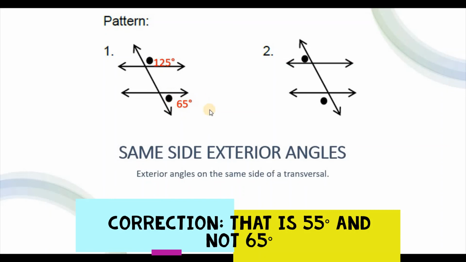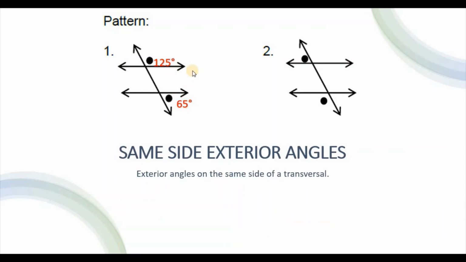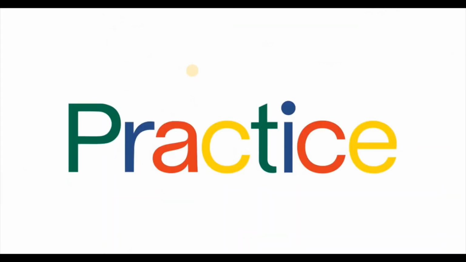Sorry for the typographical error. Okay, so 55 degrees, and they are equal to 180 degrees. Okay, so those are the supplementary angles that are formed through parallel lines cut by a transversal.